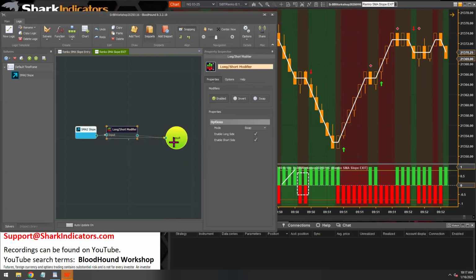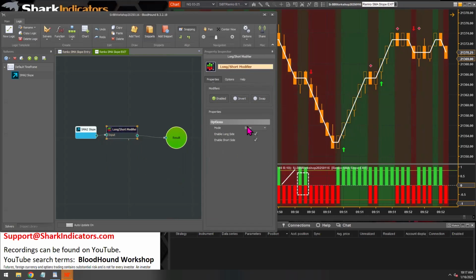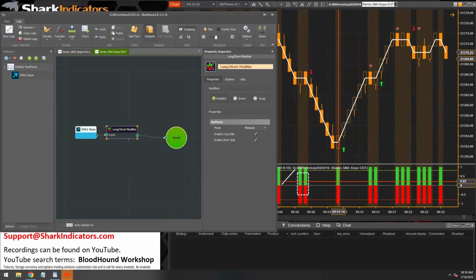Like that, connect that here. And the mode, there's a couple of modes that'll do this. We could use minimum. Minimum will do that. See, there you go. We could also use product, right? That's multiplication, right? You get the same result. Lots of ways, but I think most people probably think of minimum there.